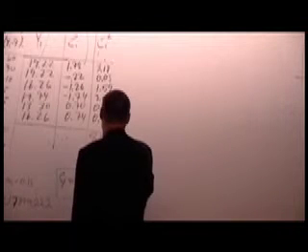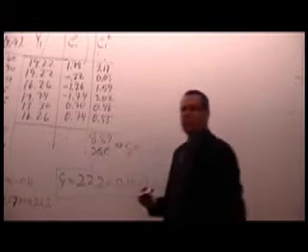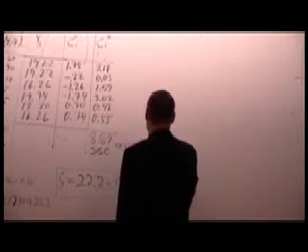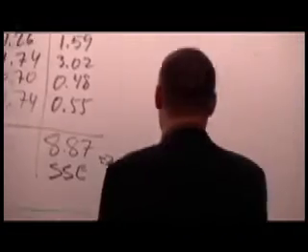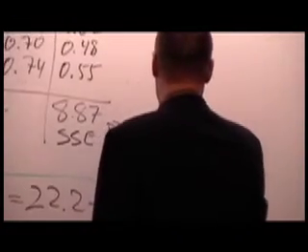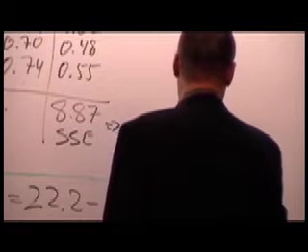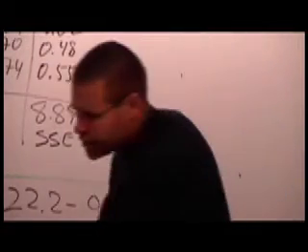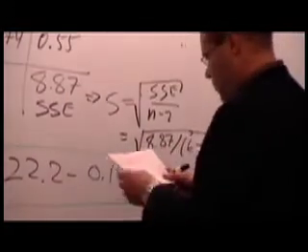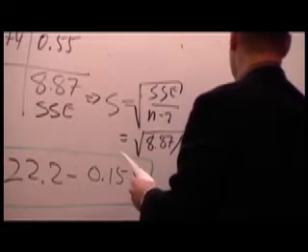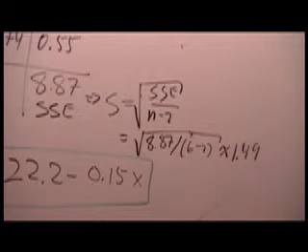So, S is the square root of the sum of squared errors over n minus 2, which is the square root of 8.87 over 6 minus 2, or 4. And it turns out that gives us roughly 1.49.